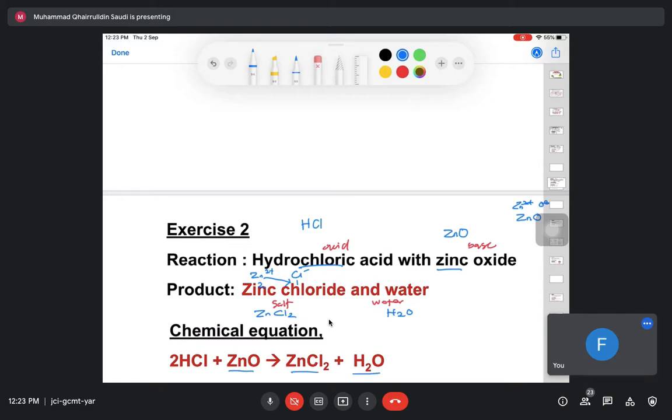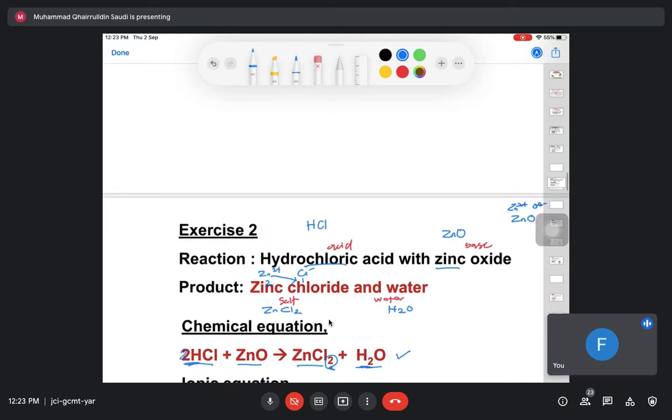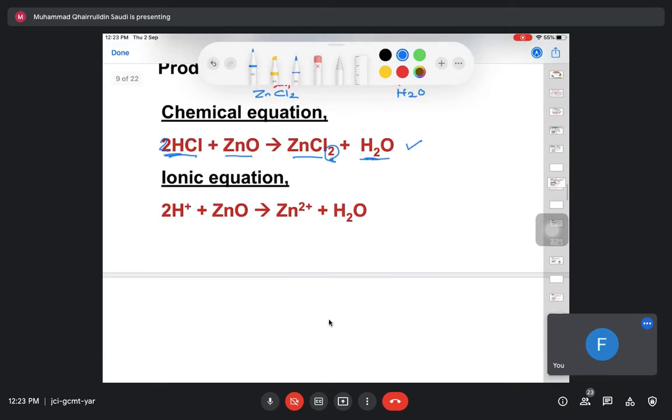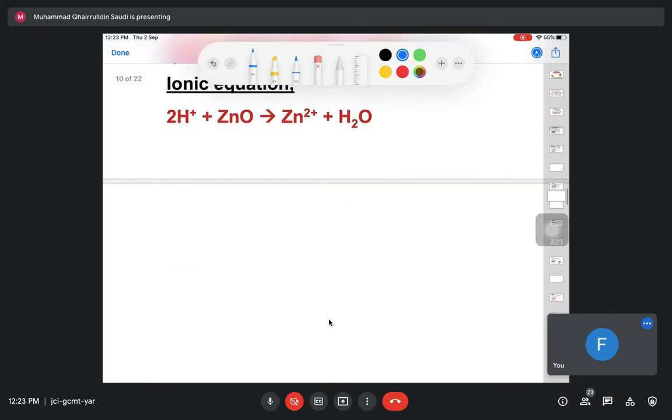Okay. Cuma dia tak balance because Cl now here dah ada 2. So we have to write down 2 here. And then H pun ada 2. This one H ada 2. Then it's balanced. Done. If you have question, just ask, okay? I have to make this lesson faster a little bit.